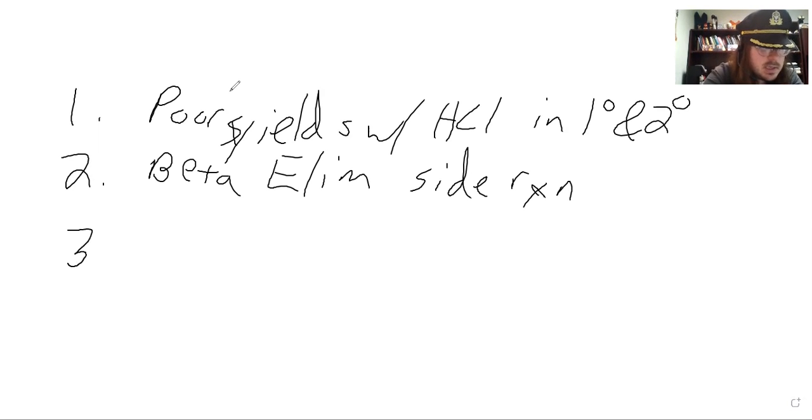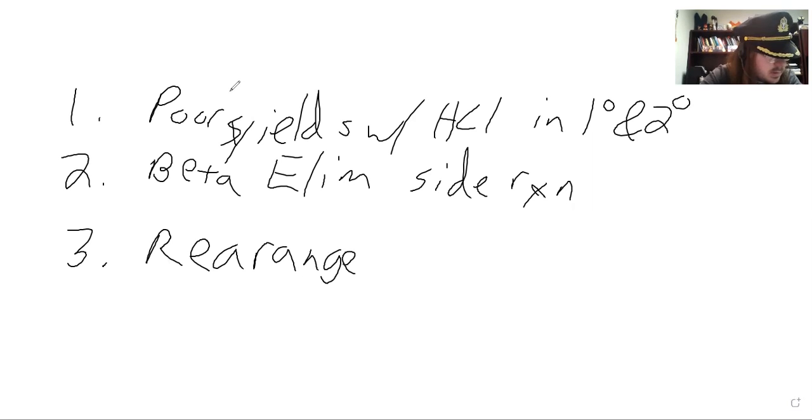We can often see in secondary and primary, you could see rearrangements, especially in SN1. We're always going to try to make the most stable carbocation.